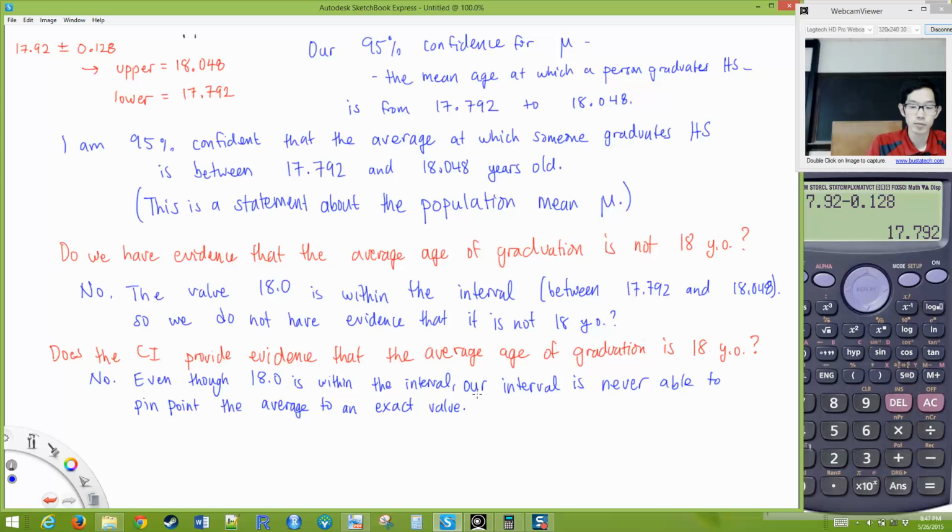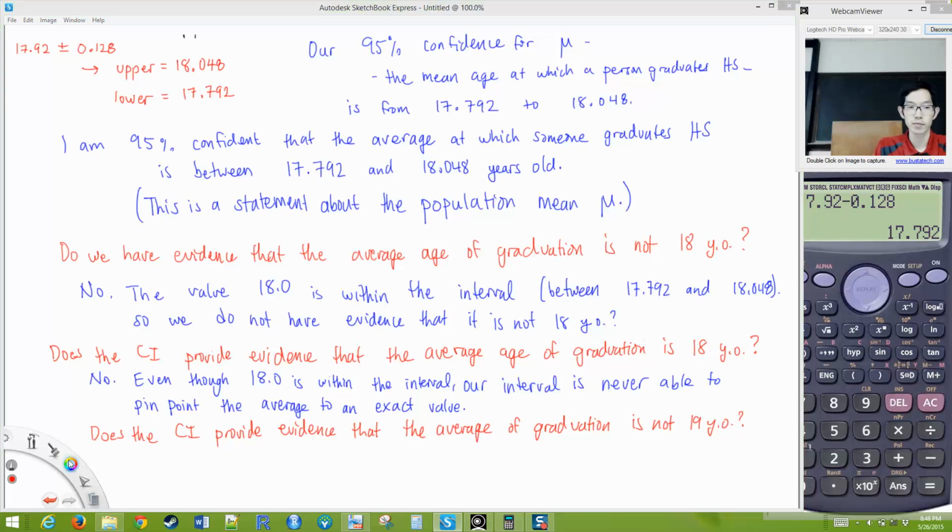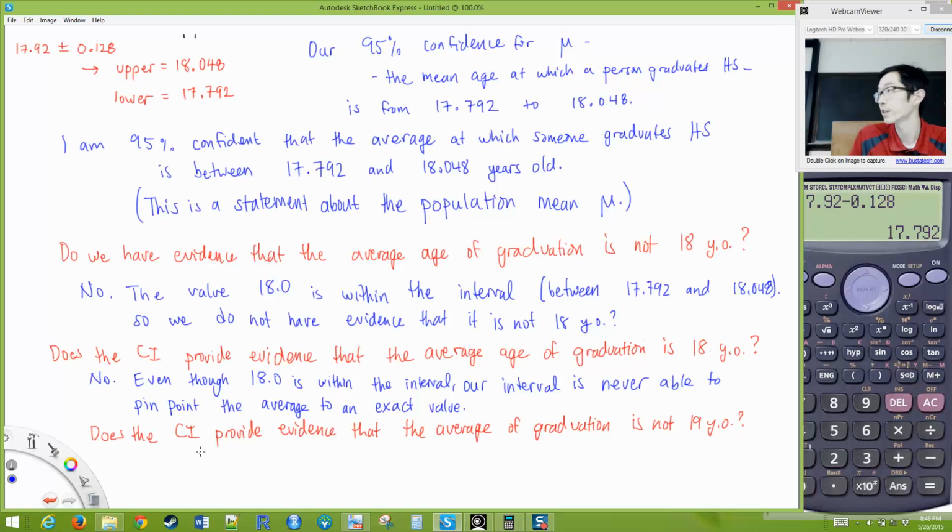Okay? Let's say someone asks, does the confidence interval provide evidence that the average age of graduation is not 19 years old? Yes. Our answer there is yes.